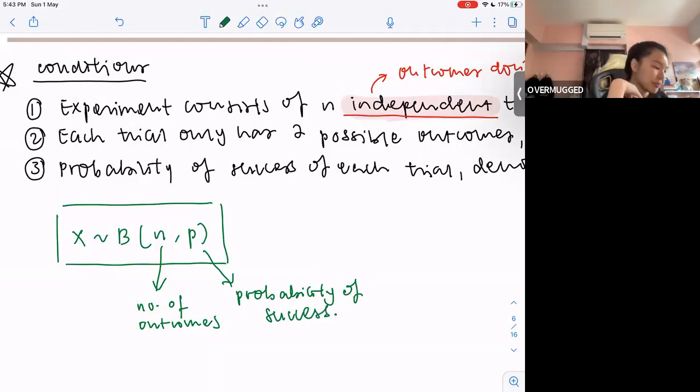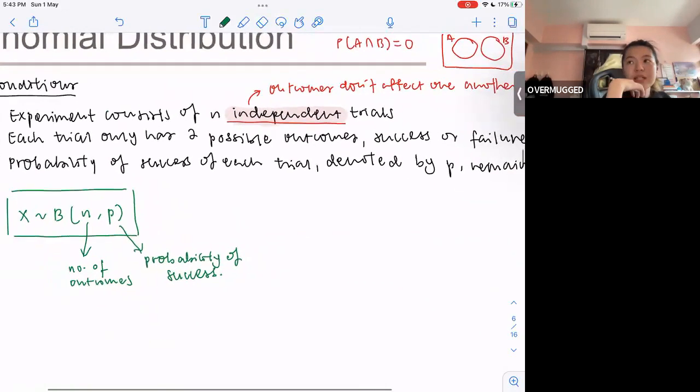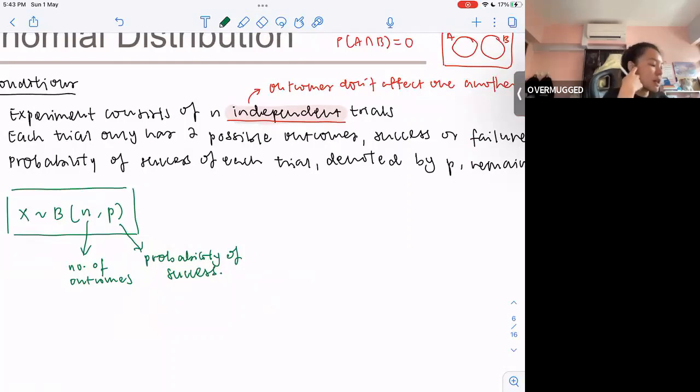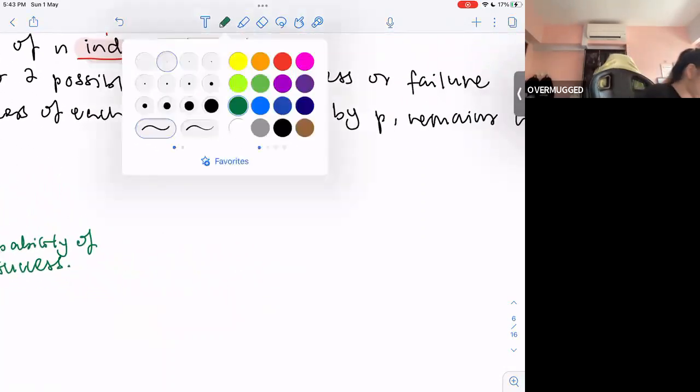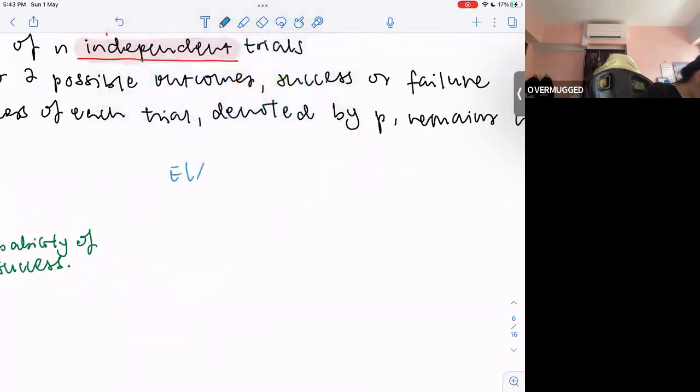And for binomial distributions, another 2 important equations to know are the expectation of X, which is np, and the variance of X, which is np(1 minus p).